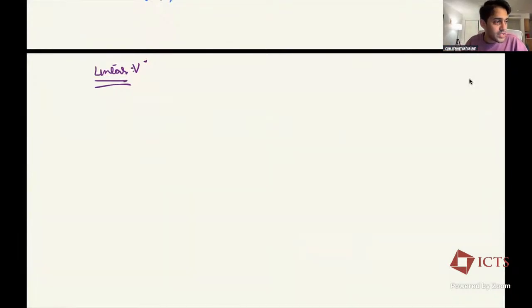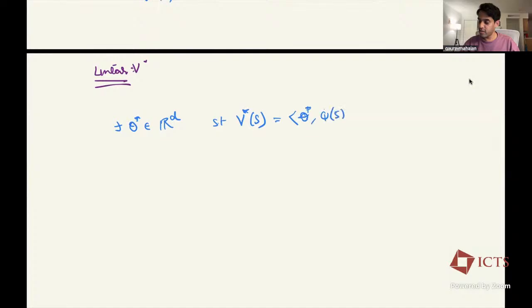What that means more precisely is that there exists some theta star in R^D such that V star of S is just the inner product of theta star and phi of S. This is what I mean by having good features.